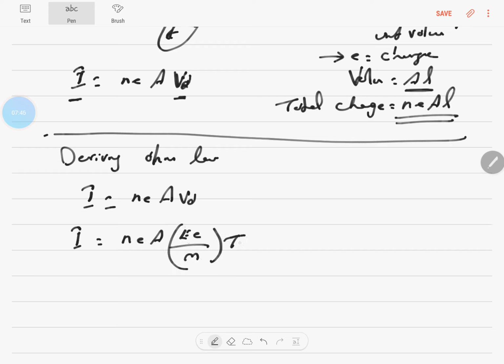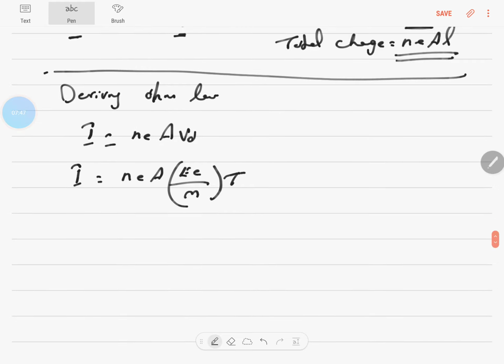You can forget about the negative sign. Ohm's law is V is proportional to I, V is equal to IR at constant temperature. If you don't write at constant temperature, you're going to lose marks. The current flowing through the circuit is directly proportional to the voltage across the circuit, and vice versa. So V is equal to IR at constant temperature is Ohm's law.